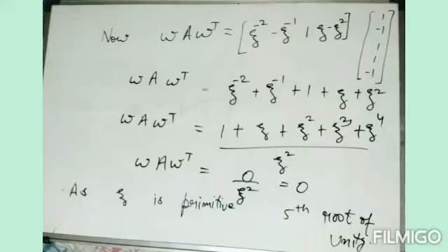Hence, w A w transpose is equal to 0 by psi squared, which is again equal to 0, as 0 divided by any number is equal to 0. This whole numerator becomes 0 because psi is the primitive fifth root of unity. We will discuss it in the next slide.